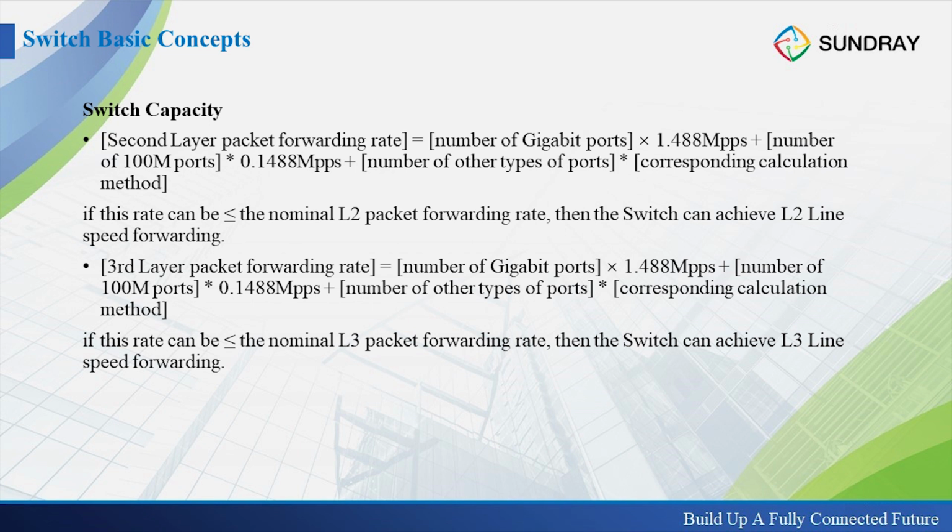And in the switch there may also be other ports like 10 gigabit ports, right? So just add the other types of ports times their corresponding calculation methods, and then you can get the switch capacity, the layer 2 packet forwarding rate. And this rate means the switch can achieve layer 2 line speed forwarding.